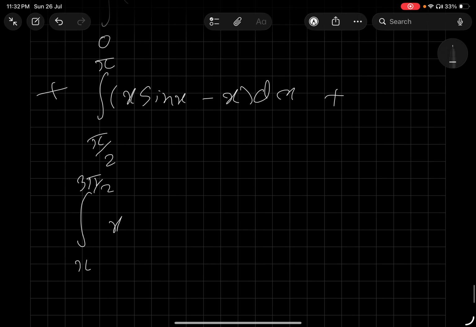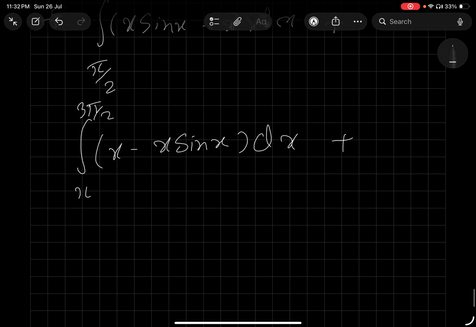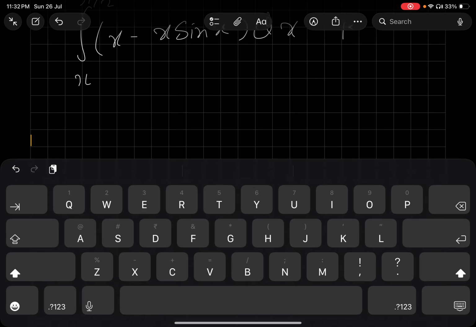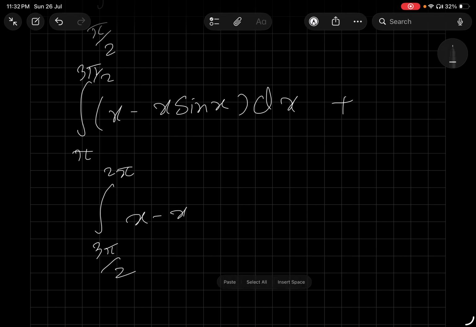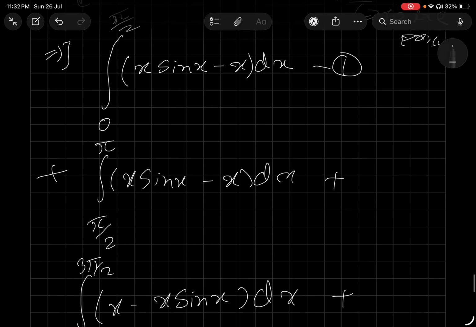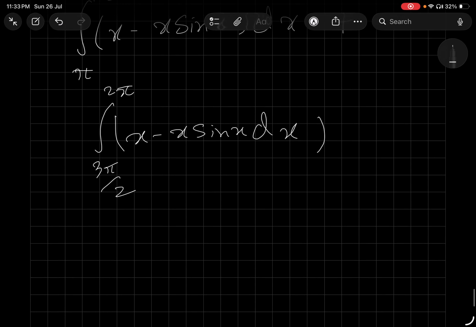So it's x minus sin x dx, plus the integration from 3 pi by 2 to 2 pi of x minus sin x dx. This is the four major equations.